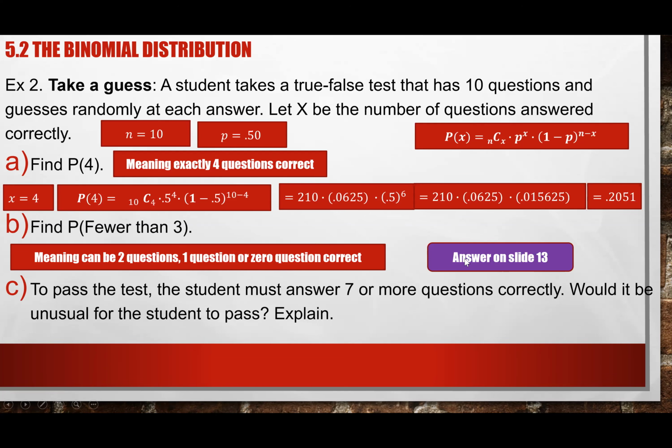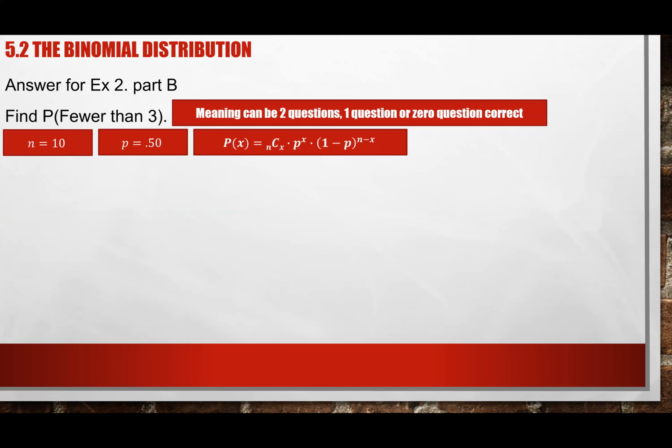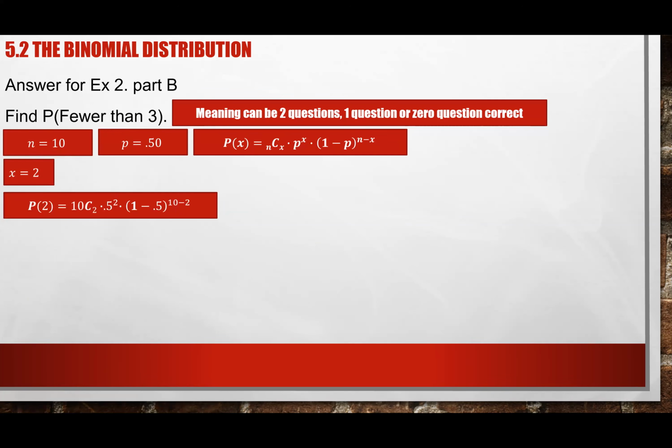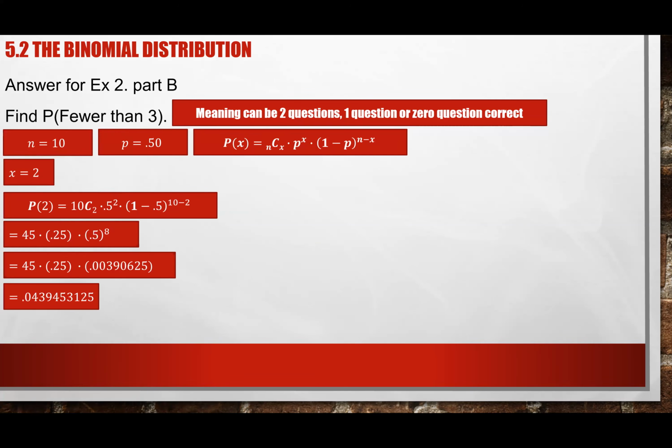What does this mean? This means that we have to do the 2 questions. We have to do x equals 2, and this is what you need to plug in, which is 10C2, the 10 is lowercase. Then you plug in all of this here, and this is what you have for the 2.